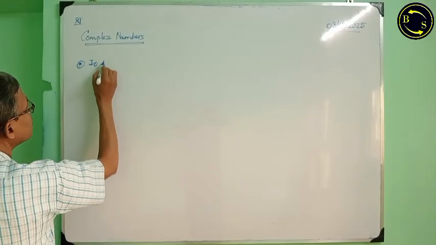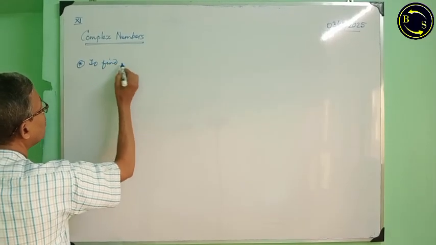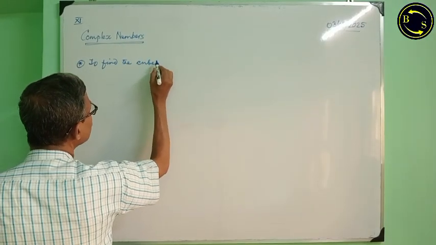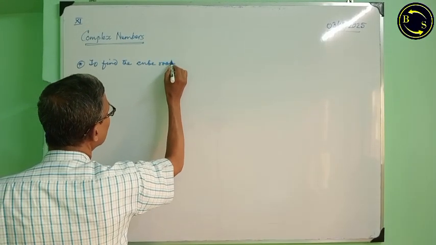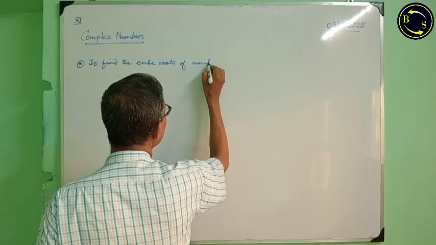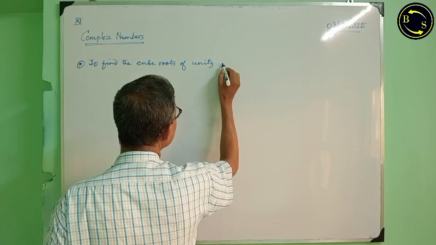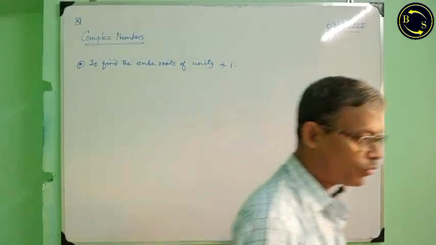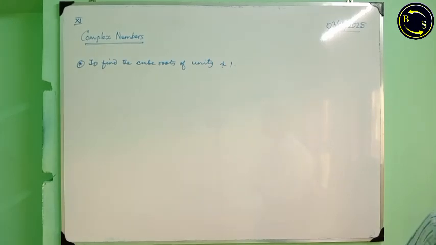To find the cube roots of unity. Unity means that is 1. You have to find cube roots of unity.